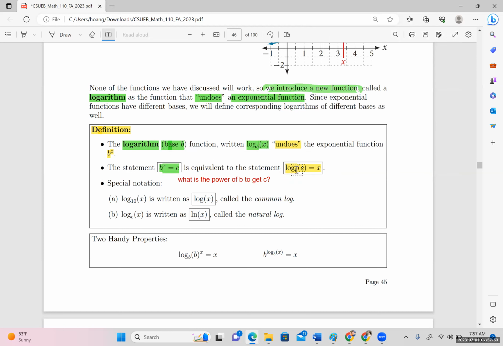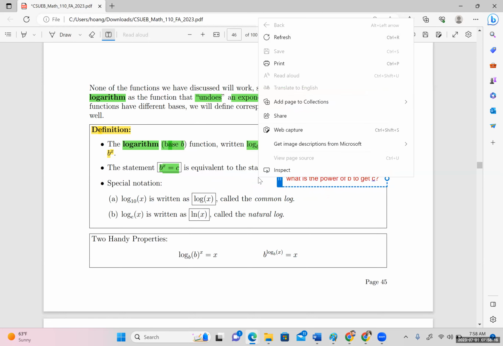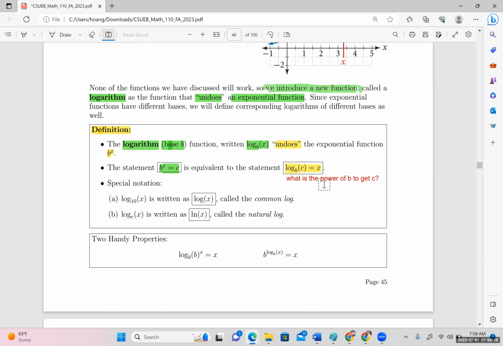And the logarithm is the answer for that, because you are looking for x here, right? Log base b of c is exactly meaning that it is the power of b to get c.